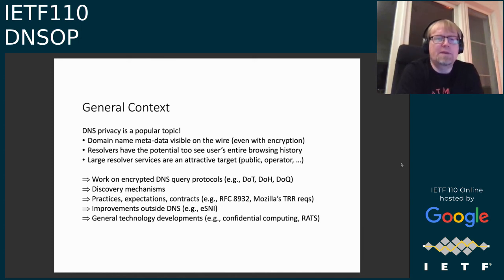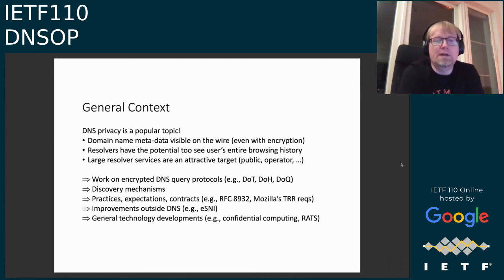And as a result of this, we've seen obviously some work in IETF and elsewhere. We've worked on encrypted DNS query protocols, which plugs the hole on the communication security side of things. We've seen discovery work at ADD. And the idea there is that we can turn on the encryption in a wider number of cases and maybe also distribute the queries to more places, not to concentrate too much in one place.